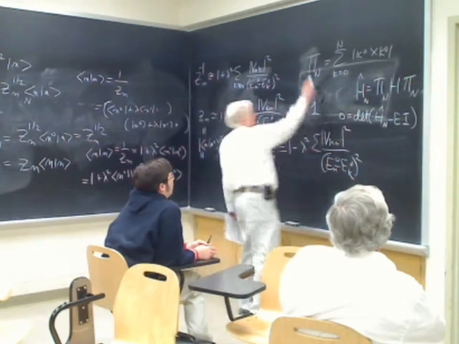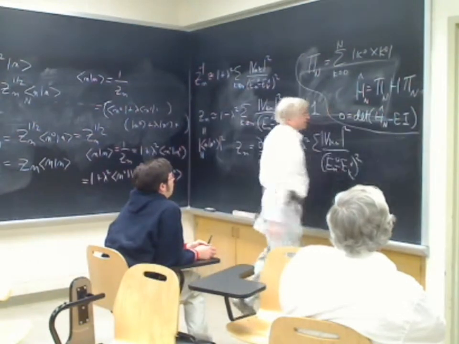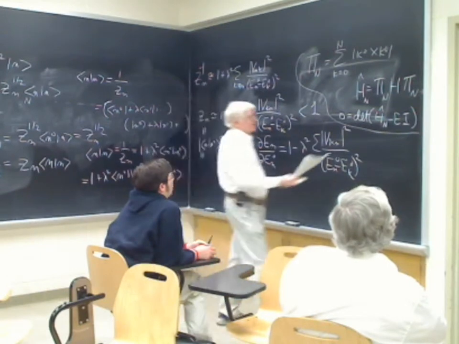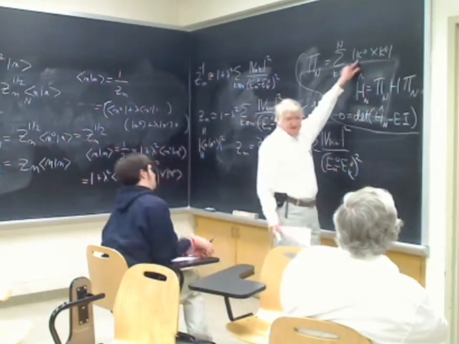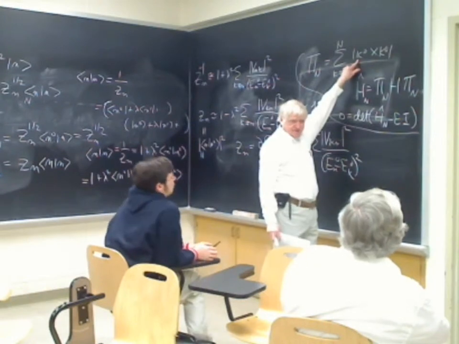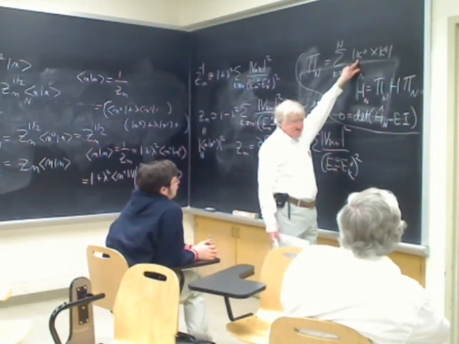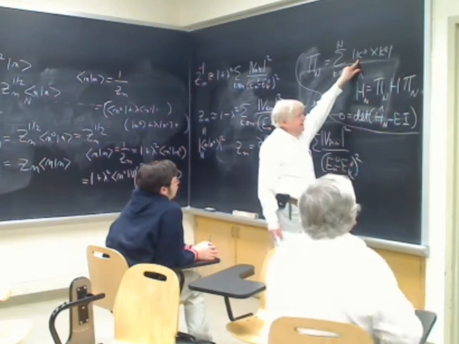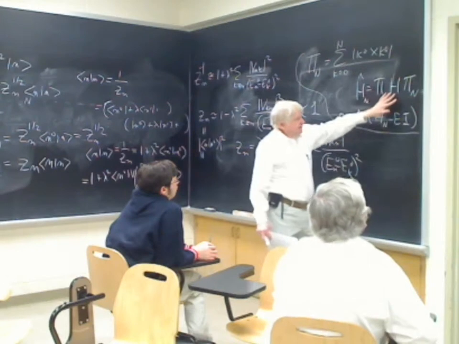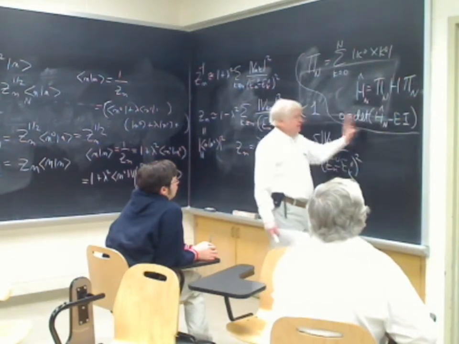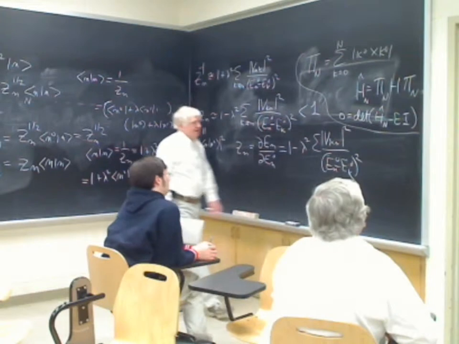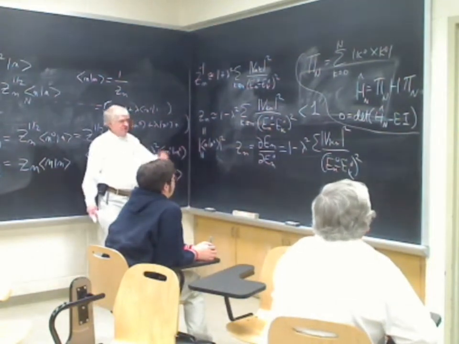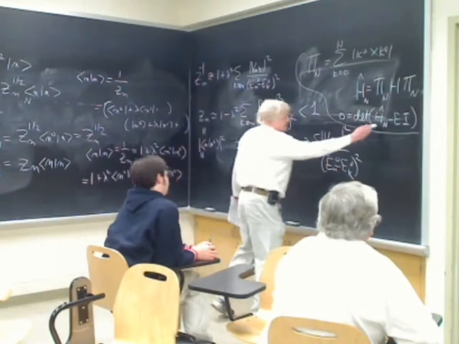And this is not crazy, especially with modern computers, as long as you can find, and these states don't have to be the eigenstates of the bare Hamiltonian. They can be just any convenient set of states that are, say, orthonormal to make things simple. And then you truncate, so you make this a finite dimensional problem. Once you have a finite dimensional problem, computers can whack that away as long as you can compute what this is.